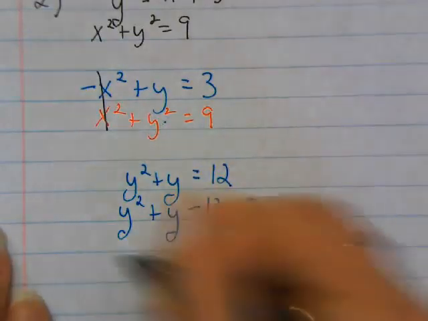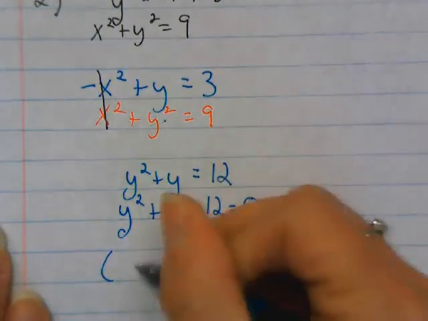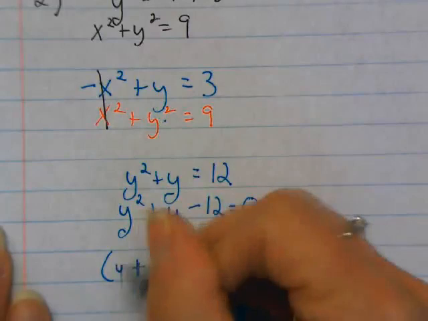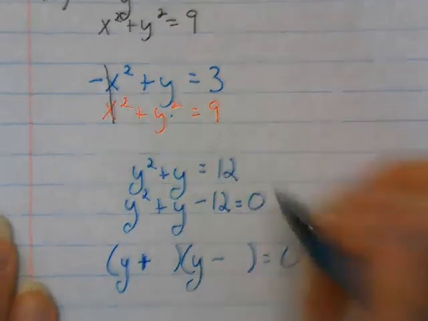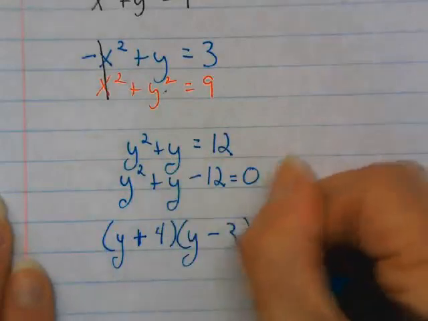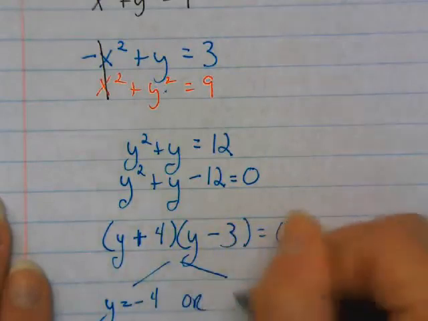And now I can factor. If my last term is negative, I need 1 plus and 1 minus. Things that multiply to give me 12, subtract to give me 1, are what, 4 and 3. So I get y is equal to negative 4 or y is equal to 3.